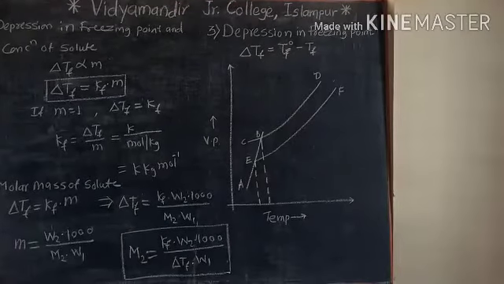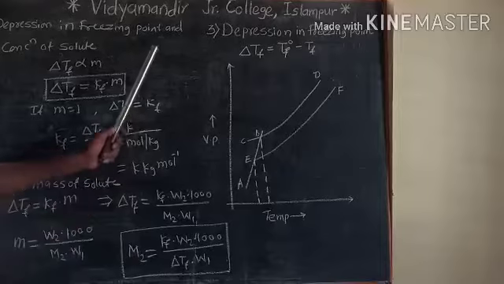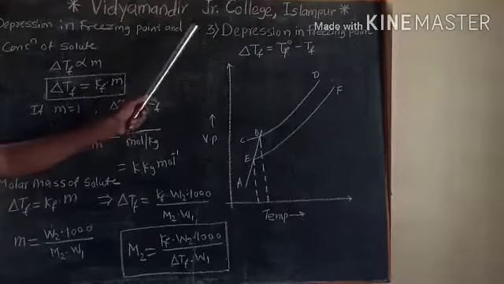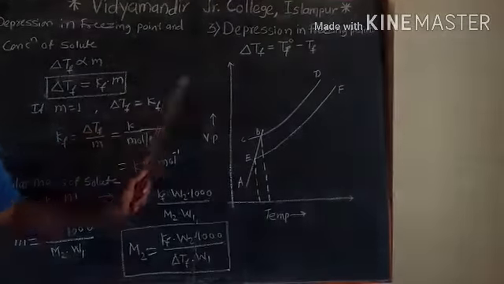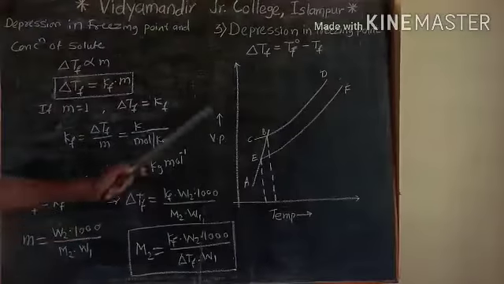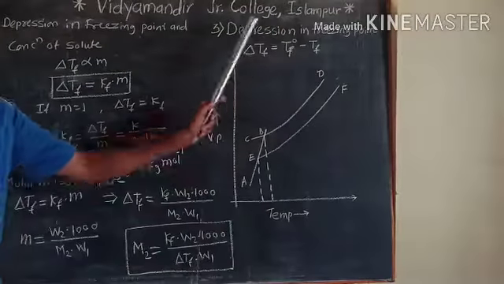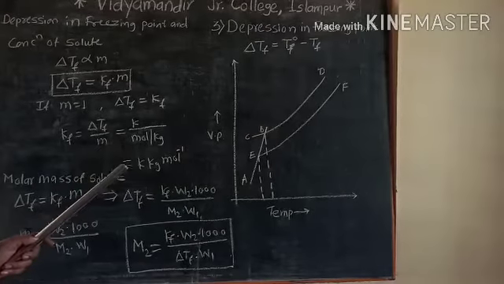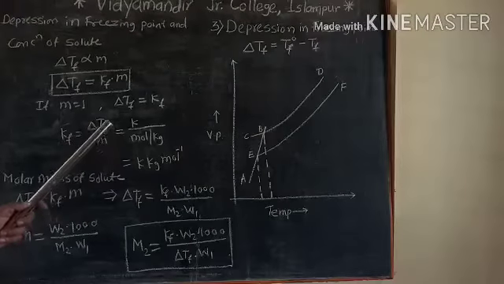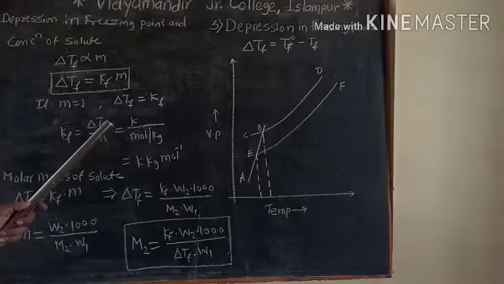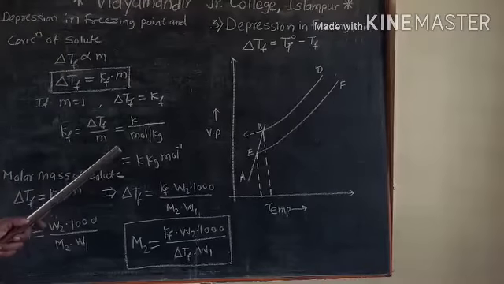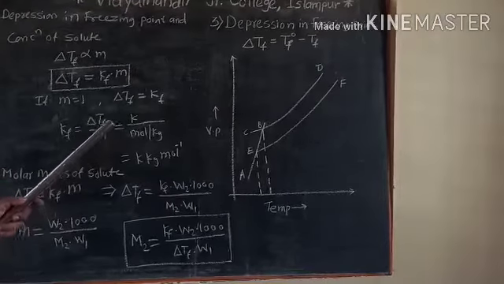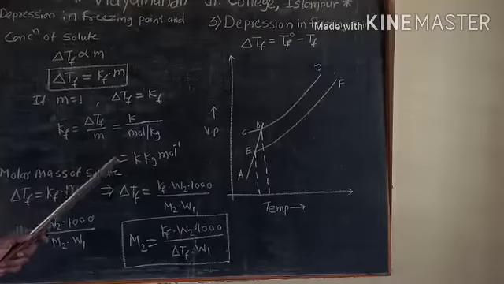Today we'll discuss the third colligative property, depression in freezing point. First, freezing point. Freezing point is the temperature at which liquid and solid are in equilibrium and the two phases have the same vapor pressure.